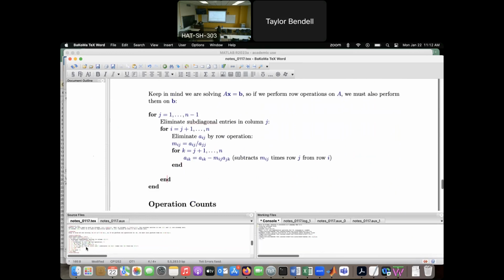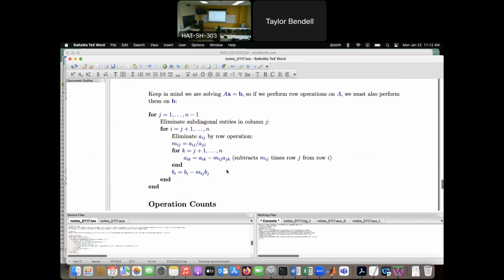B_I has subtracted from it the same multiplier times the jth element. So this is mirroring what we see here.